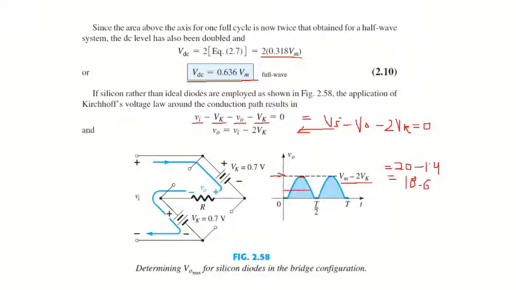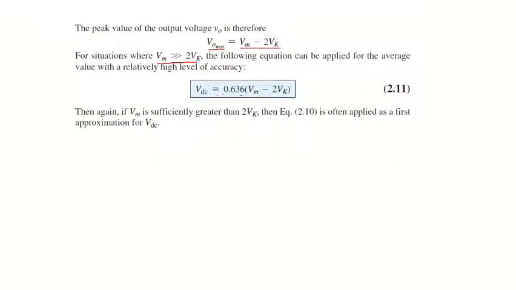VDC is the average DC value of this full wave rectifier. It must be here somewhere. This is the average DC value. It is 0.636 into Vm minus the drop of 2 diodes.